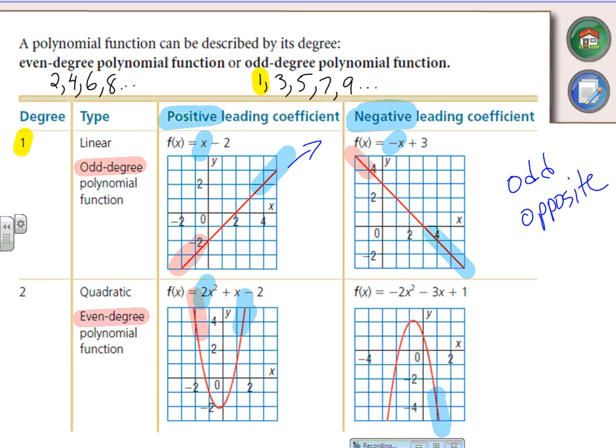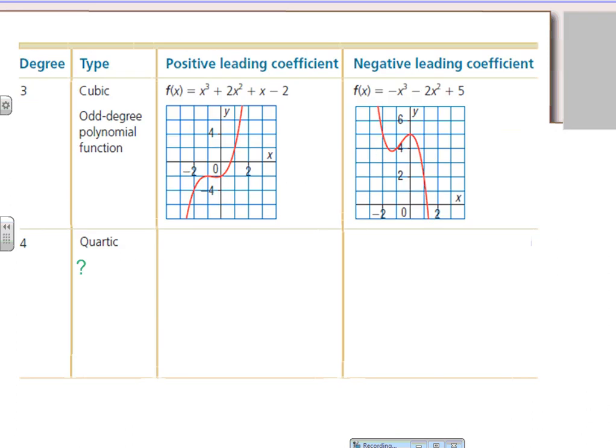In the second example here, it was a negative leading coefficient. It's still an even. It ended down, it starts down. Starts in the same. So even is equal, same. Same direction.